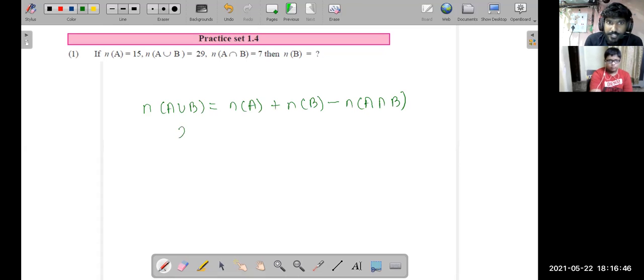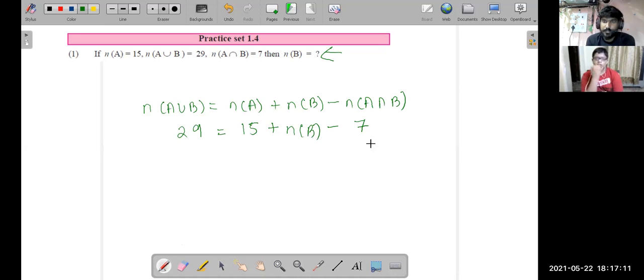A union B is 29, equal to n of A is 15, plus n of B, which you have to find out, so keep it as it is. Yes, there's a question mark here, so we have to find this out. Minus n of A intersection B is 7. Can you complete this?